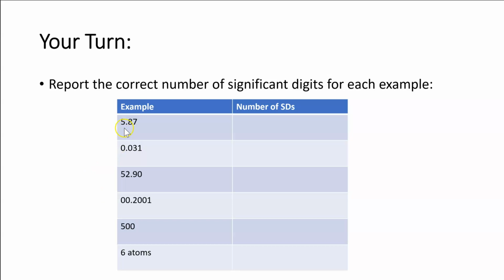For 5.87, that's 1, 2, 3 significant digits. 0.031, leading zeros don't count, so just 1, 2 significant digits. 52.90, 1, 2, 3, 4 significant digits, trailing zeros count. 00.2001, the middle zeros count, the leading zeros do not, so this is 1, 2, 3, 4 significant digits. 500, 1, 2, 3 significant digits.